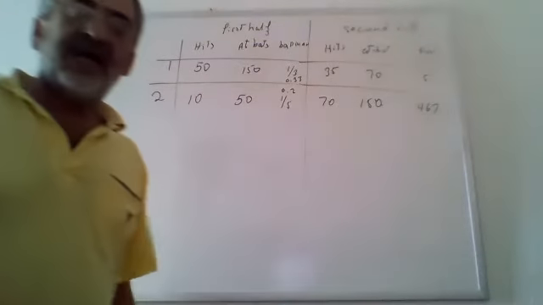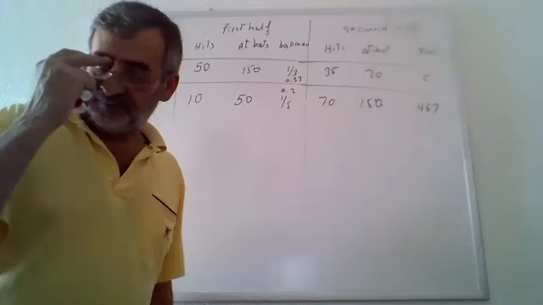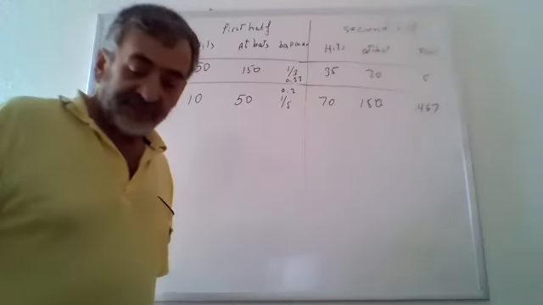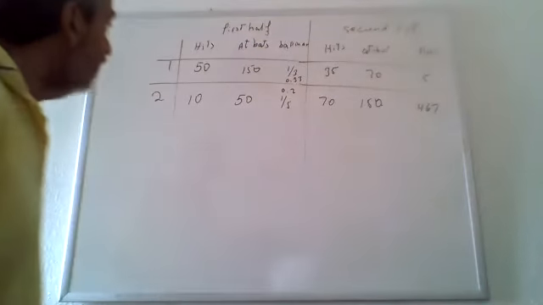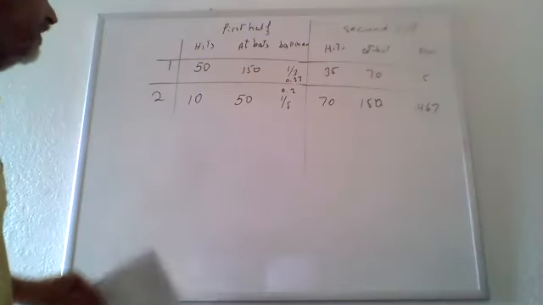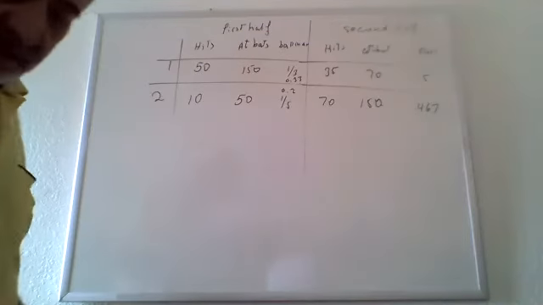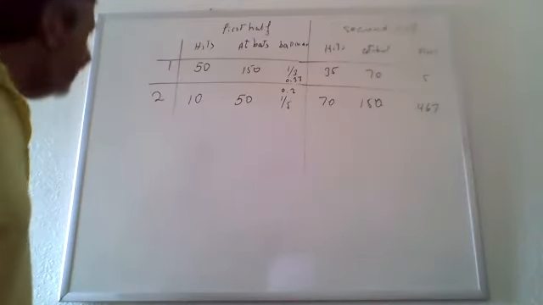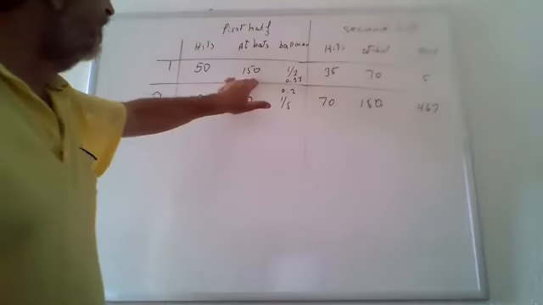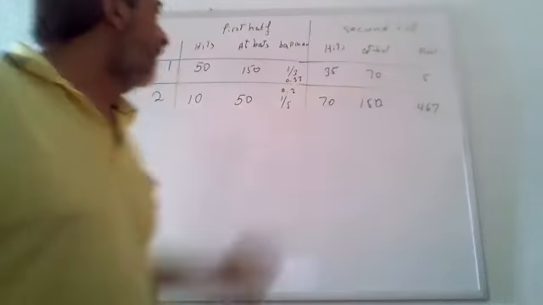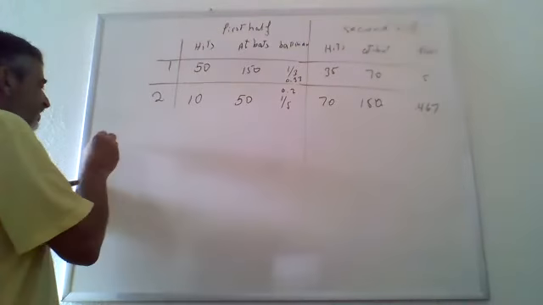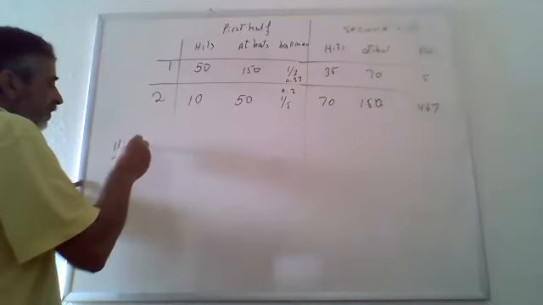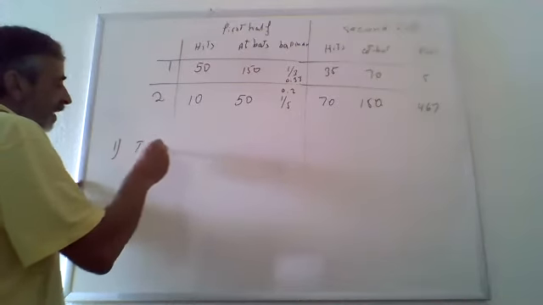However, who has a better average for the whole season? Let's see. So for the whole season, player one played 150 and 70, which would be 220 total at bats.